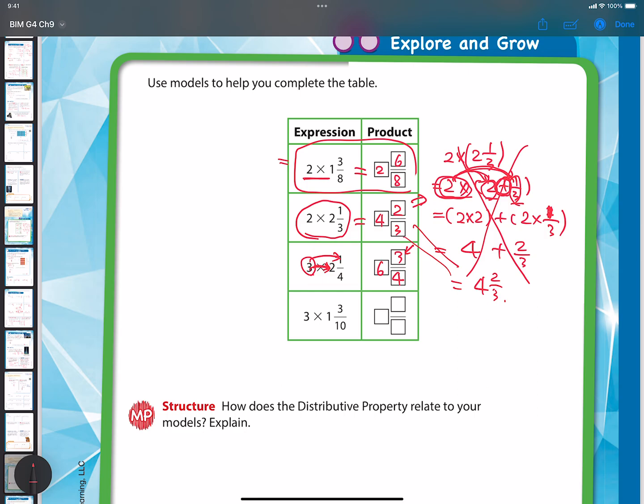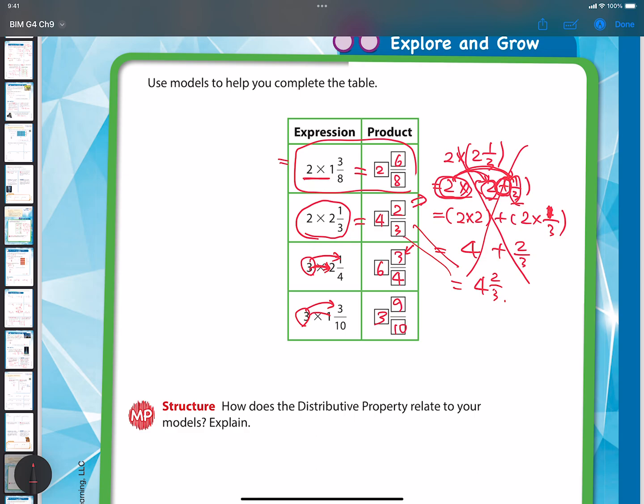A simpler version, a simple fraction. If you just leave it as an improper fraction, it looks awkward. So you need to find the simpler form. Now let's practice one more expression here. 3 times 1 and 3 over 10. 4 whole number and numerator 9 over 10. That's it.